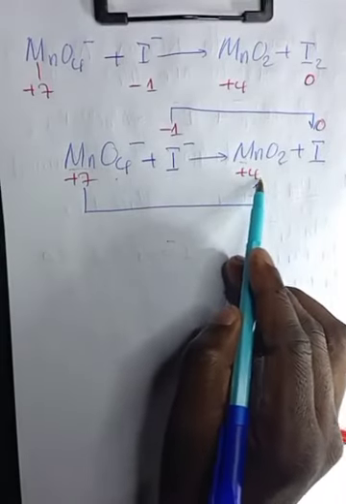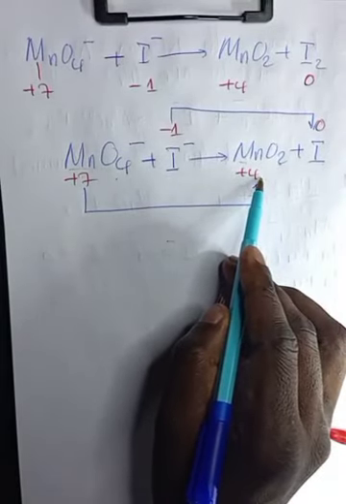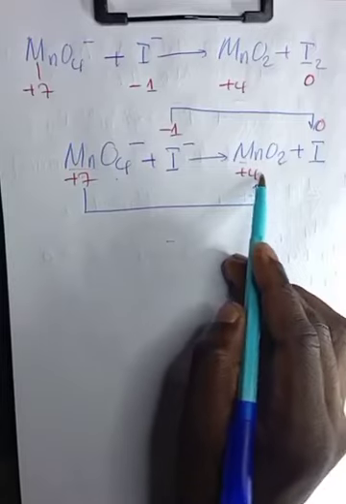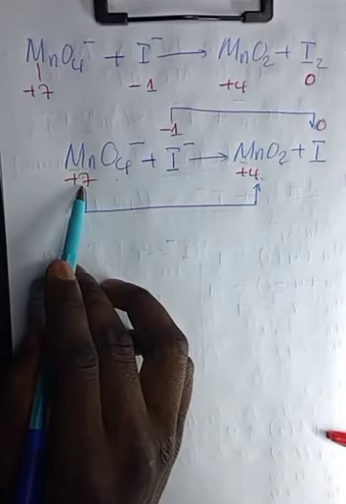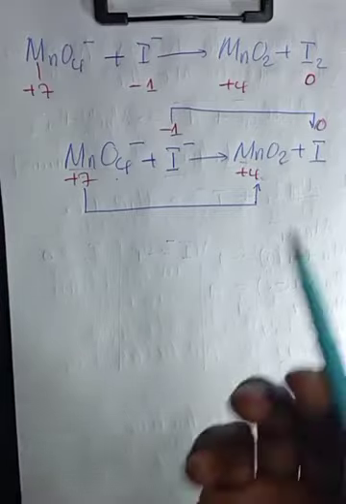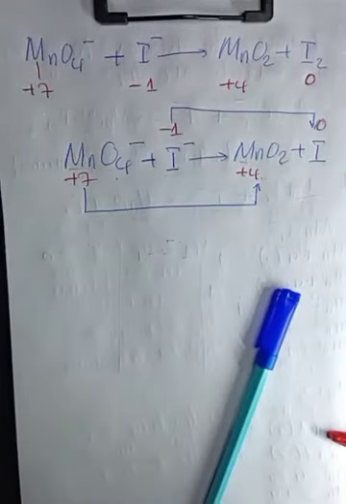Initially before the reaction, the oxidation number for manganese was +7, but after the reaction it has become +4. So do you think there is an increase or decrease in the oxidation number of manganese? Can someone type up first? Before the reaction, manganese oxidation number was +7. Then after the reaction, it has become +4. Now, is there an increase or decrease in oxidation number? A decrease or increase?